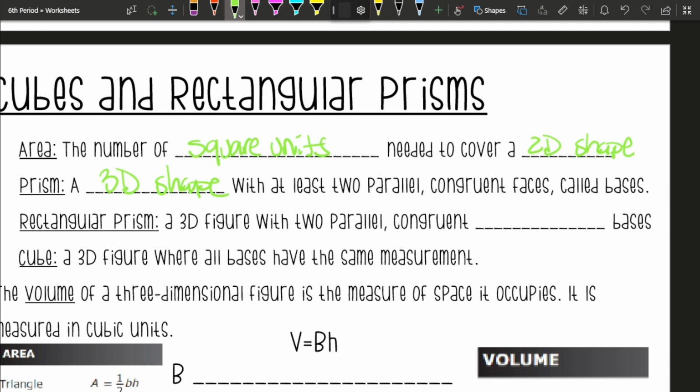So congruent means the same. Didn't we talk about that when I was displaying the picture of the box? Yes, we did. So a rectangular prism is a 3D figure with two parallel congruent bases. Now, what shape were the bases on the box? Rectangle. That's why it's called a rectangular prism.